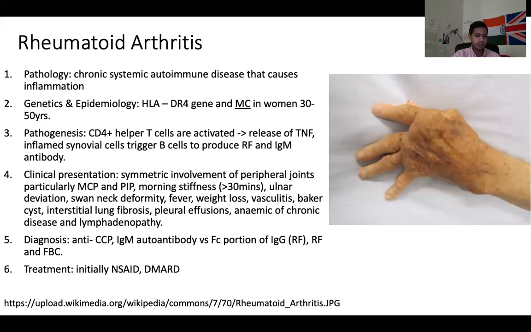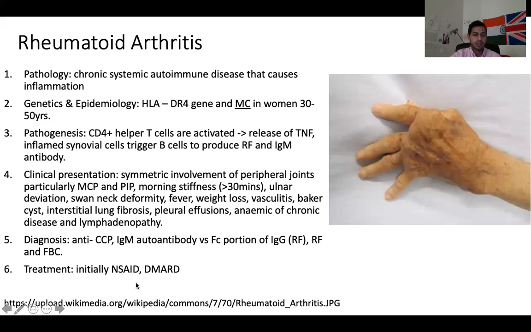The treatment, usually the patients are started off on NSAIDs, so ibuprofen, for example, and if that doesn't seem to resolve, they can usually be given disease-modifying anti-rheumatic drugs, for example, methotrexate, gold, penicillamine, sulfasalazine, drugs such as that.